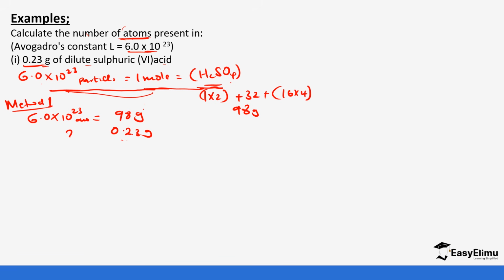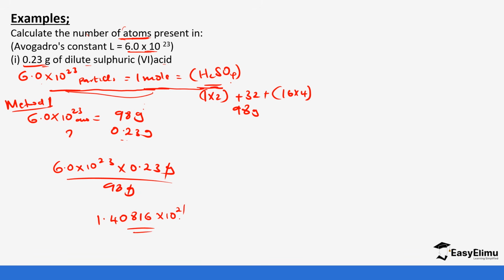We cross multiply, which is going to give us 6.0 times 10^23 times 0.23 grams, divided by 98 grams. This is going to give us 1.40816 times 10^21. These are the number of atoms.